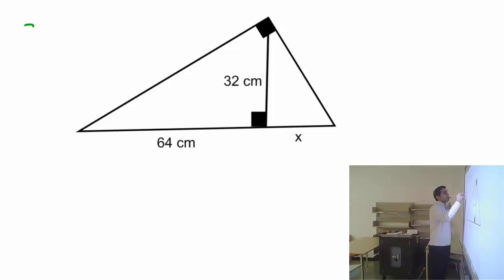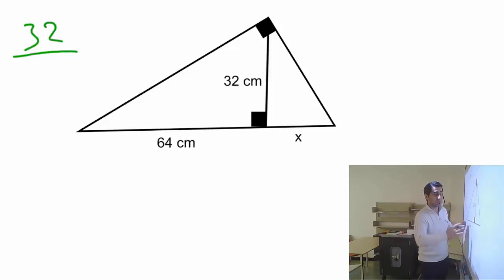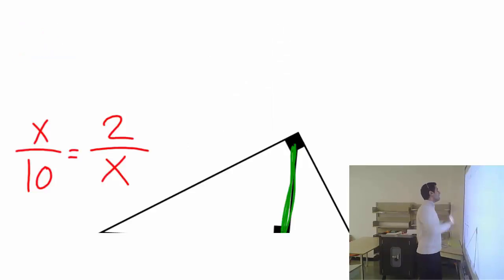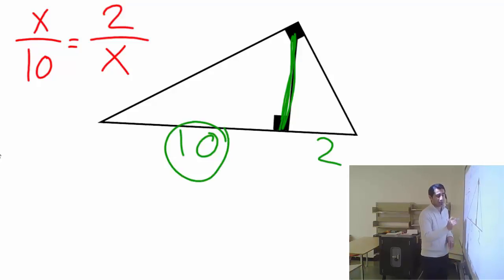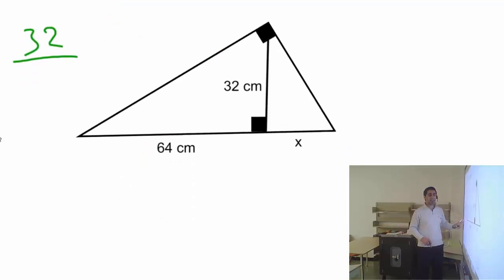Let's write down 32 divided by one of the sides, just like the other one. This used to be 10, this used to be 2. One of them we know, right? We picked this one. So you're going to do exactly the same.